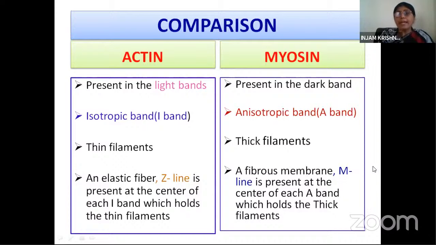Fibrous membrane, M line, is present at the center of each A band, which holds the thick filaments. These are the points to compare. If you get more points, you can include them, because you people are always dynamic and vibrant, because you are students.